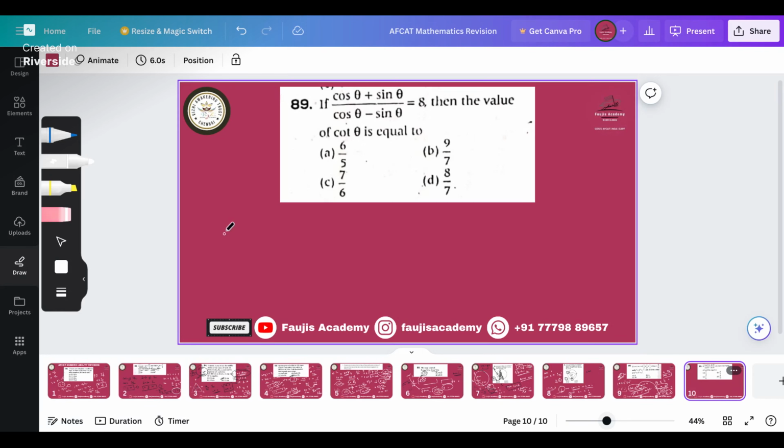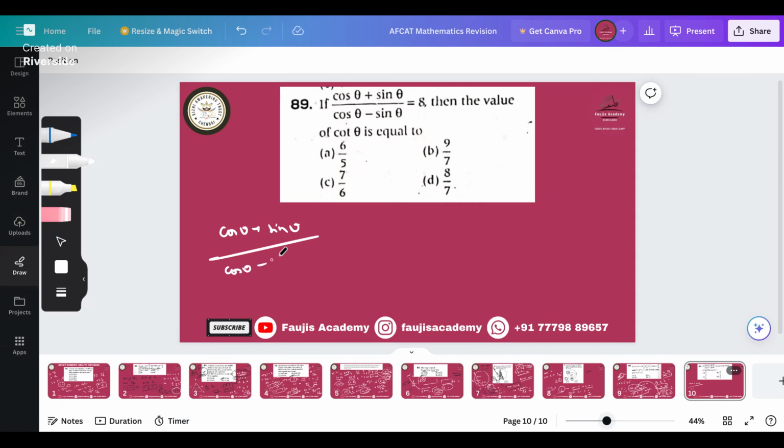Okay. So cos theta plus sine theta divided by cos theta minus sine theta is equal to 8. What we have to do, we know in trigonometry, in most of the cases try to get in terms of tan, because tan theta makes the calculation easy and this is the combination of both sine and cos.